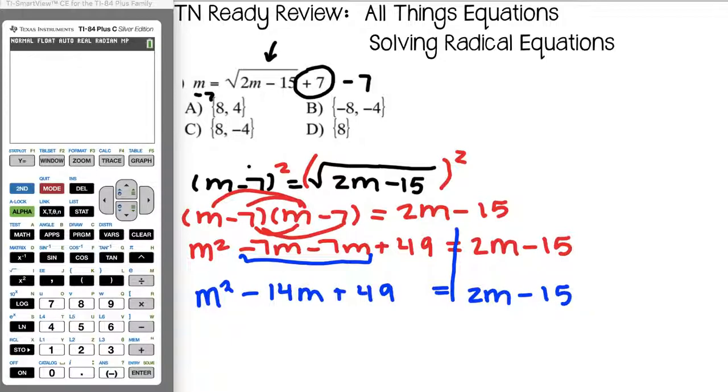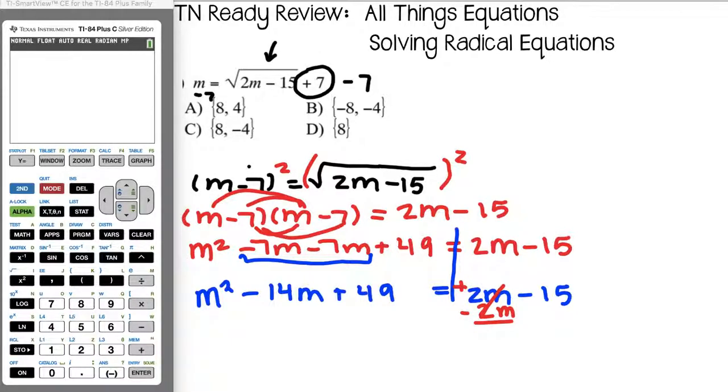But now it's time for me to take a look at it, because I know that in order to solve a quadratic equation, I have got to get everything on one side of the equation. So I know that this is a positive 2m, and the only way I'm going to zero it out is to subtract 2m, and then it goes away.